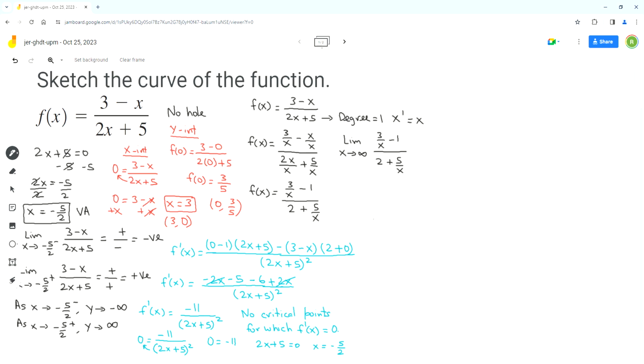Now we know that 1 over infinity is equal to 0. So that means 3 over infinity will just be 3 times 0. So that will equal 0 minus 1 over 2, and now we can simplify this expression as negative 1 over 2. So that means the horizontal asymptote is at y equals negative 1 over 2.